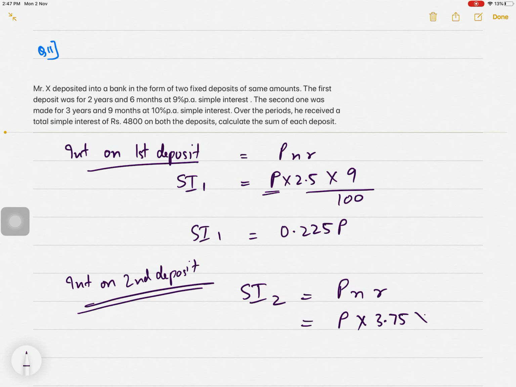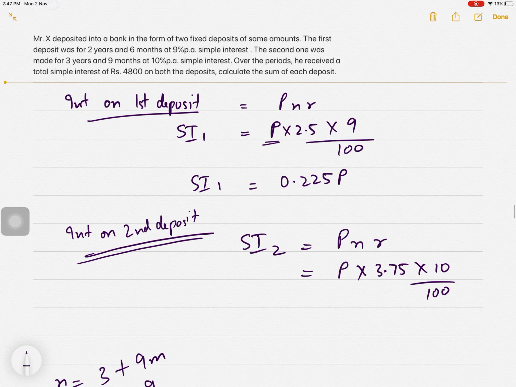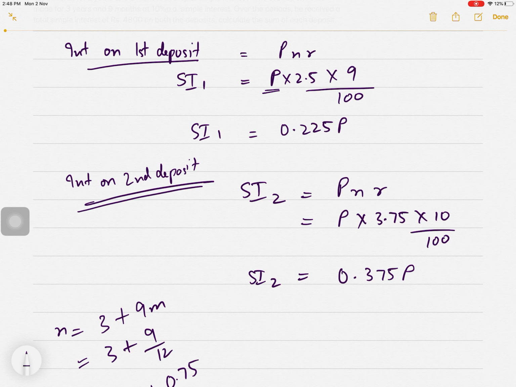And rate of interest is 10%, so 10 by 100. When you calculate 3.75 multiplied by 10 divided by 100, it comes to 0.375 P. So simple interest 2 is equal to 0.375 P.